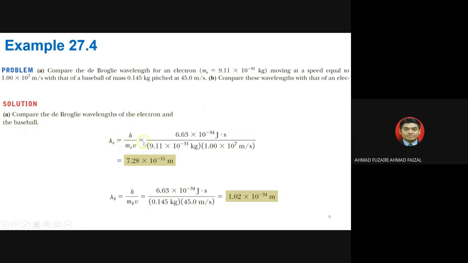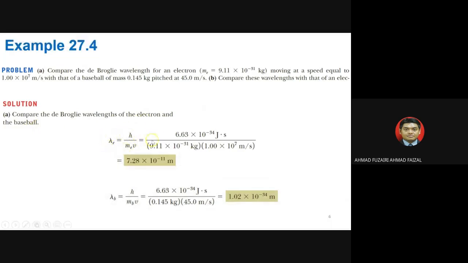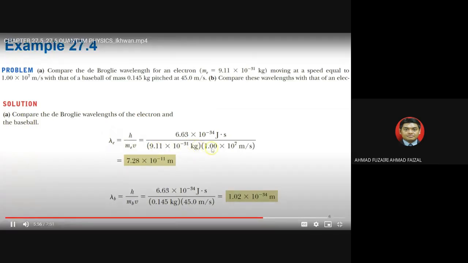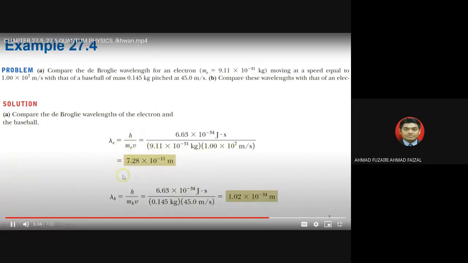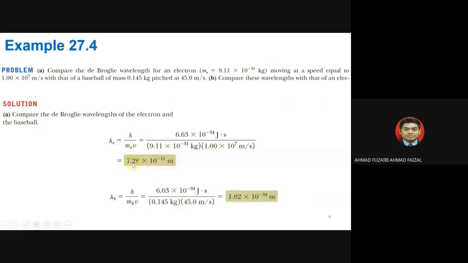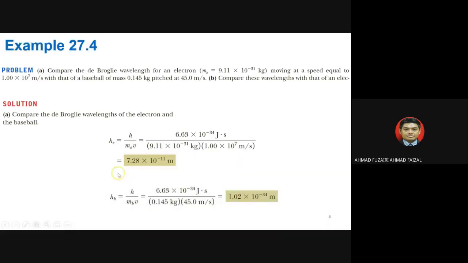Okay, we insert the value for the electron, the mass of the electron and the speed, into the equation, and we get the de Broglie wavelength, which is 7.28 times 10 to the power of negative 11 meter. And then we do the same thing for the baseball.